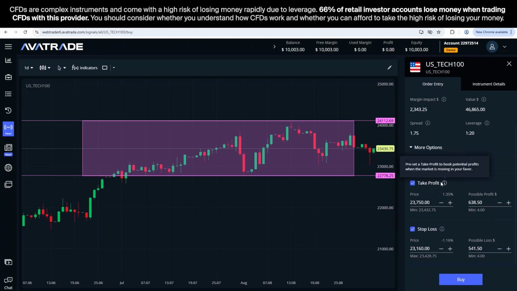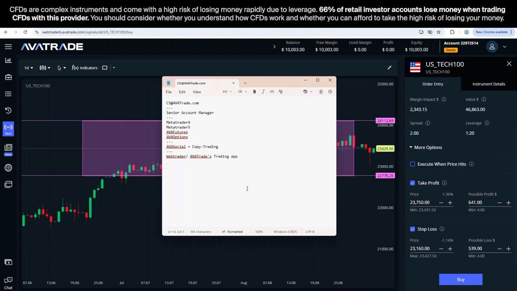Okay, this means the take profit and the stop loss. What it means is, you can see, preset the take profit to book potential profit when the market is moving in your favor. But in a simple interpretation, take profit closes the position automatically with a profit. Stop loss automatically stops the position with a loss. You don't have to remember what I just said.